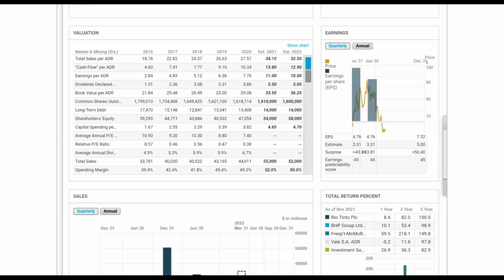But if you're in a market that might go off a cliff, there's the alpha component, which is that individual stock's ability to outperform the market. And then there's the market beta, which is how sensitive it is to the overall markets up and down.